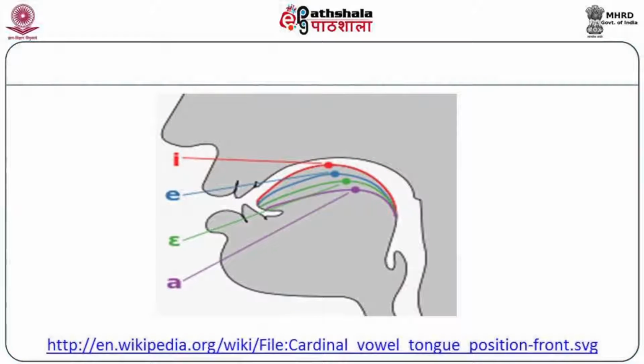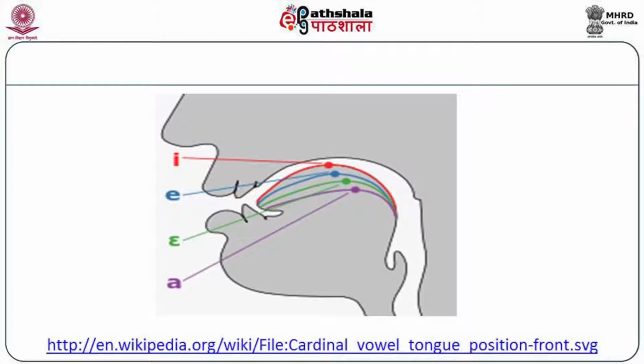For an illustration of the different degrees of vowel height, take a look at the slide showing the tongue being raised at different degrees for the front vowels e, a, and a.